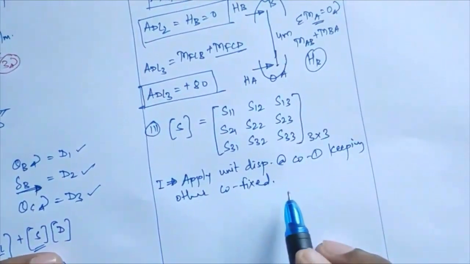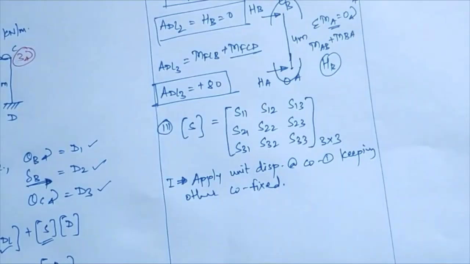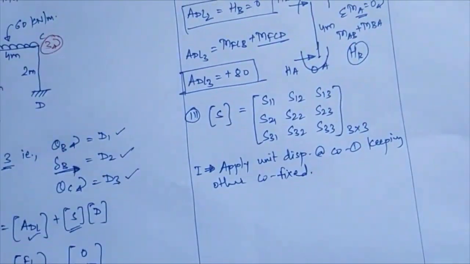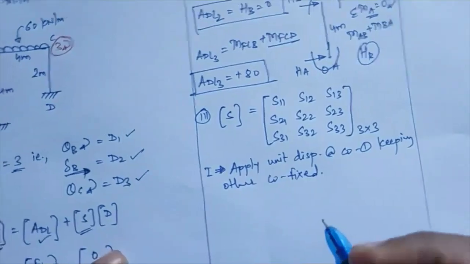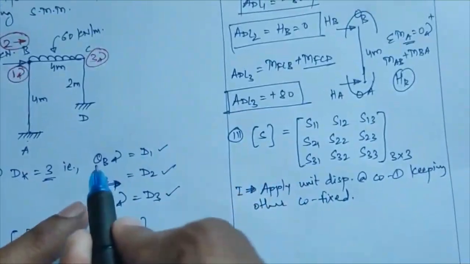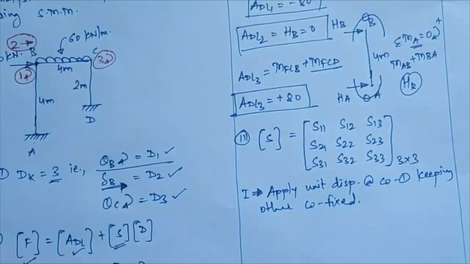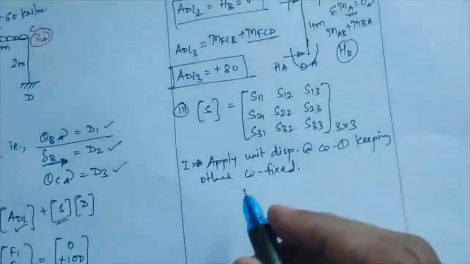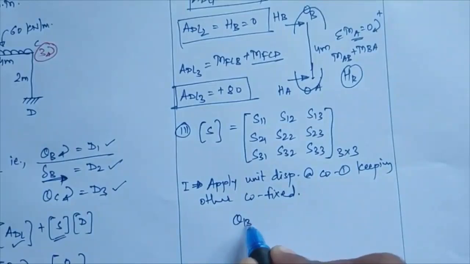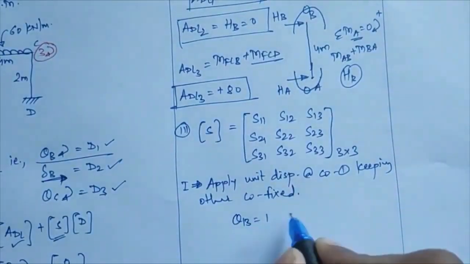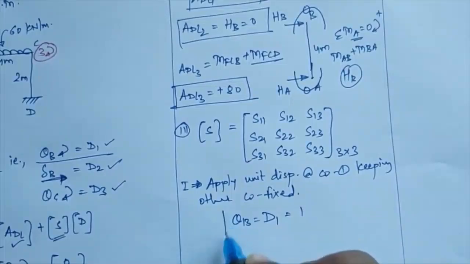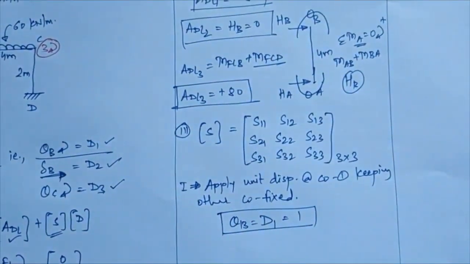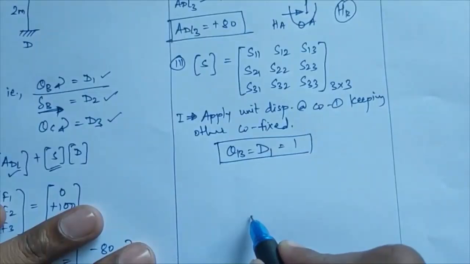So here you have to keep other coordinates fixed. That means you have to apply the first coordinate unit displacement, that is theta B is equal to 1, or D1 is equal to 1 there. Okay. So I'll draw the diagram for that.